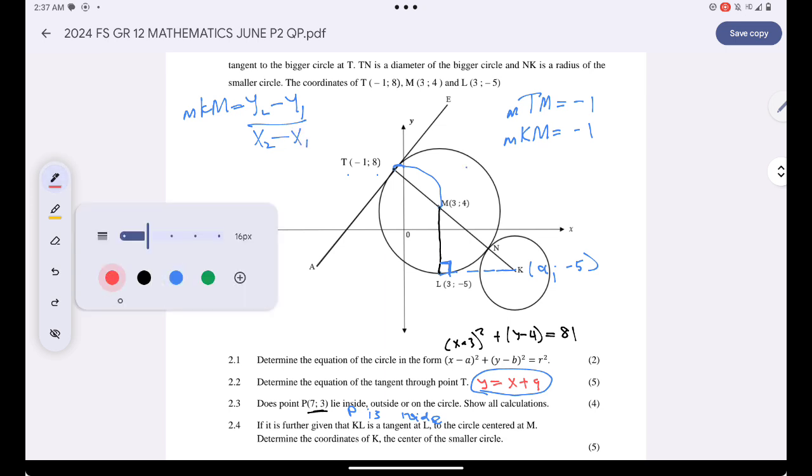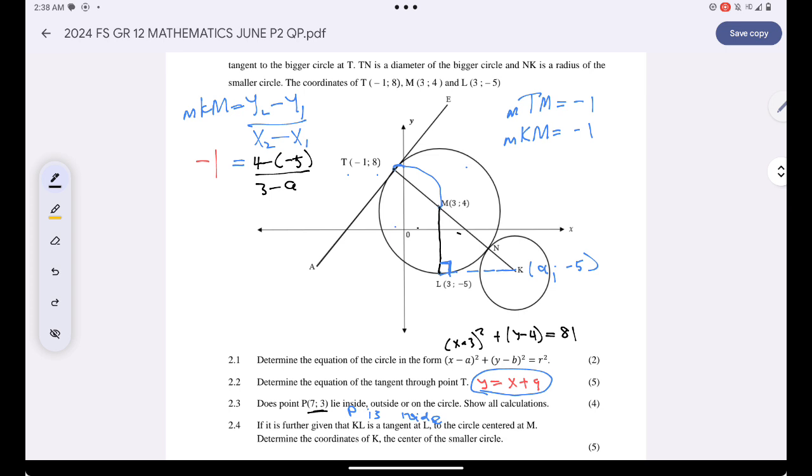I know that this gradient will be -1. And then y2 minus y1, I'll simply say 4 minus negative 5, all over 3 minus a.